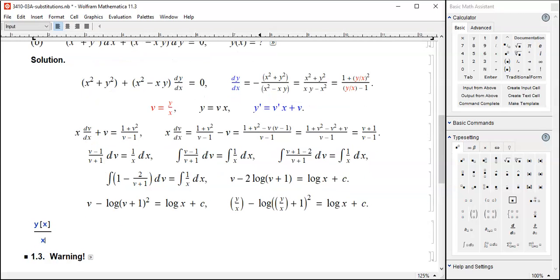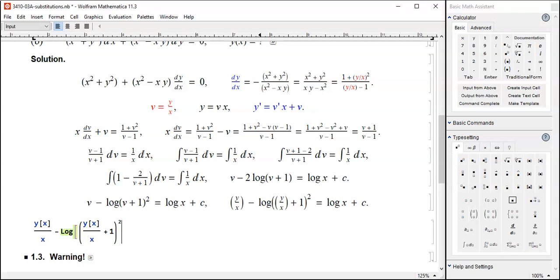Y of x over x minus log of y of x over x plus 1, whole quantity squared, equals log of x, I've got capital, plus some constant c, and this is the equation, and take the derivative with respect to x.